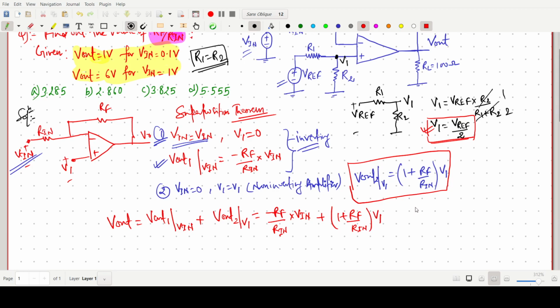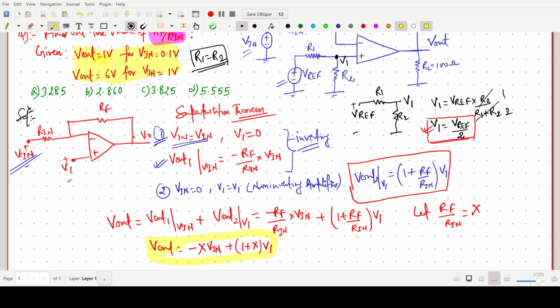Now we can assume that RF by Rin, which we have to find, is X. So the V output, more generally, we can write as minus X times V in plus 1 plus X times V1. This is the output voltage.